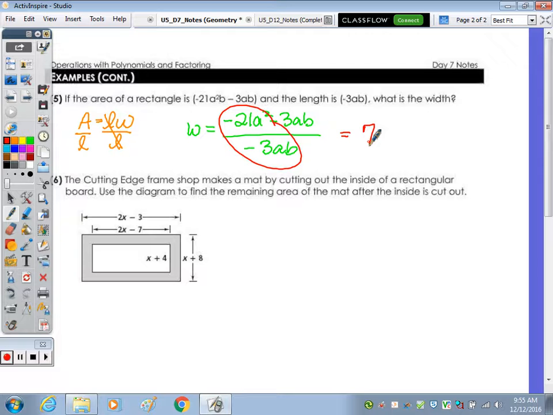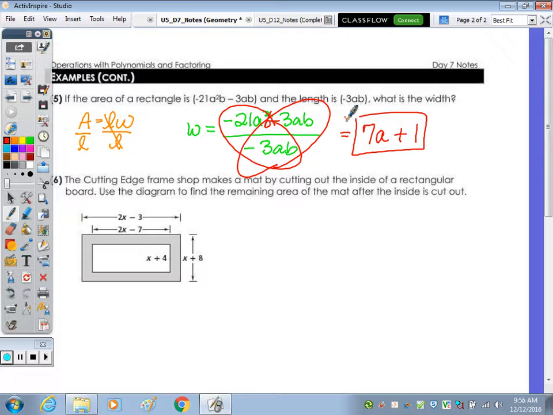A squared divided by A, subtract, we get A. And I forgot to write, this is A squared B. The B's would cancel out, okay? And then minus, divide these two, negative over negative, positive, and 3AB divided by 3AB, everything does cancel, or anything divided by itself is 1.